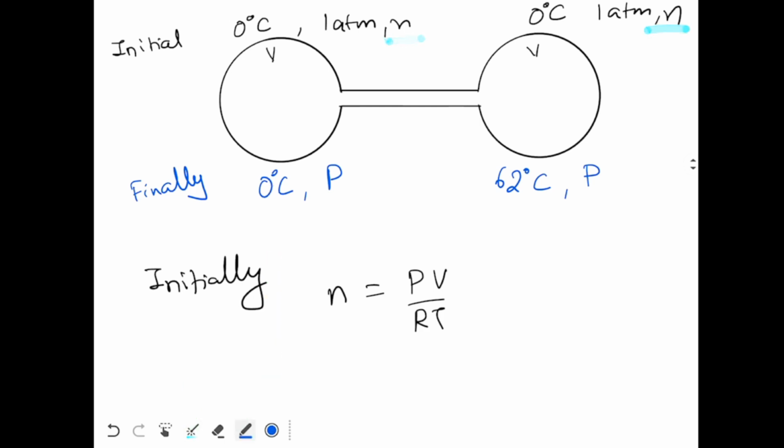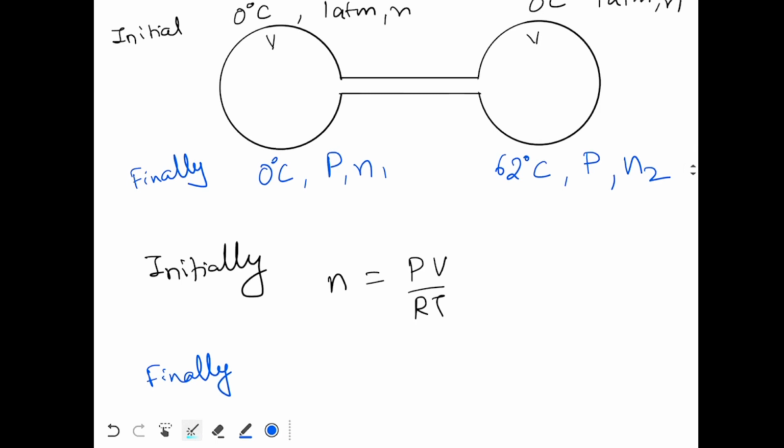Finally, what is happening? Here we have N1 moles, and in the second one we have N2 moles. Then N1 will be equal to new pressure P into V by RT.